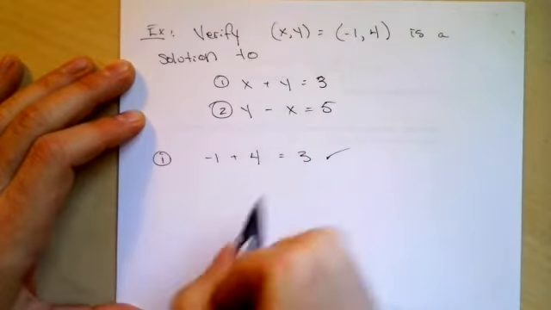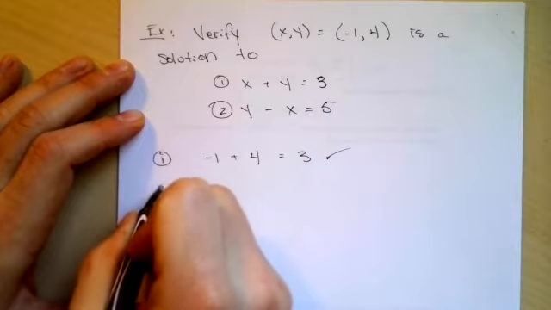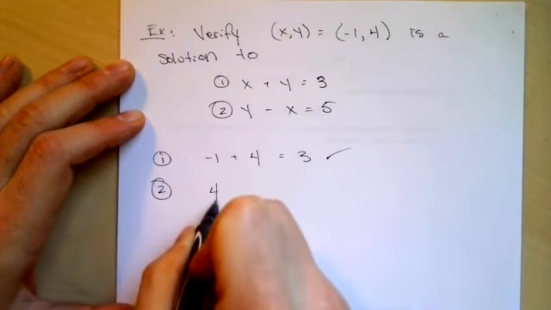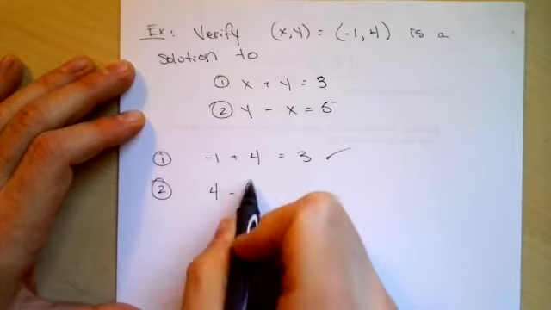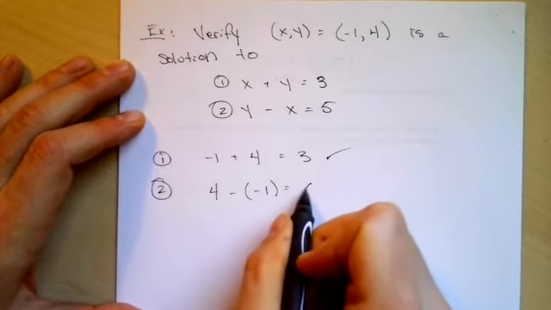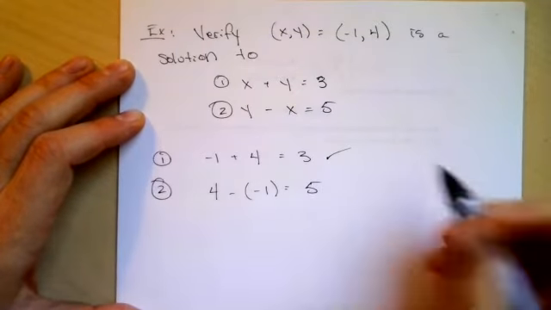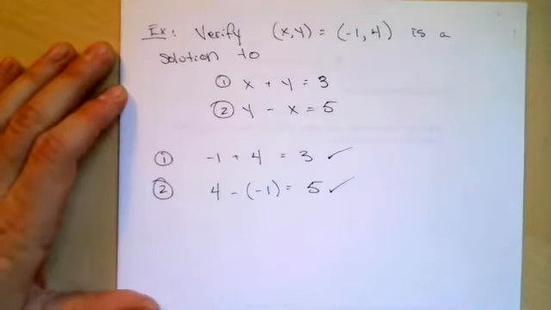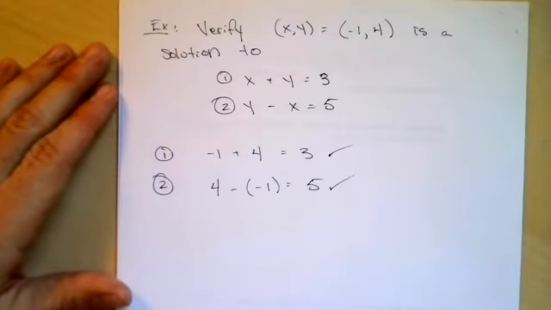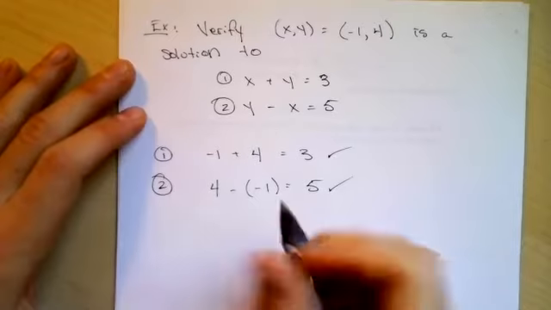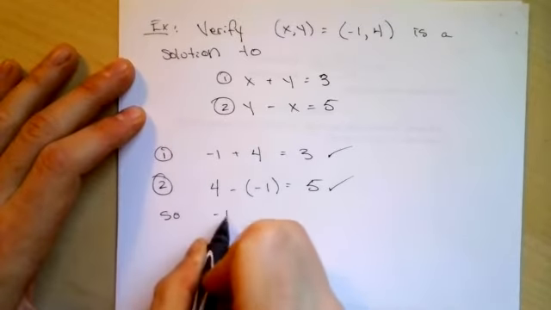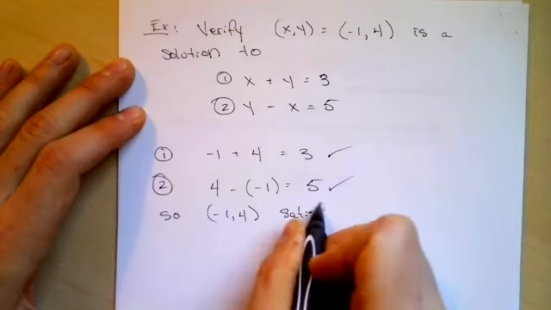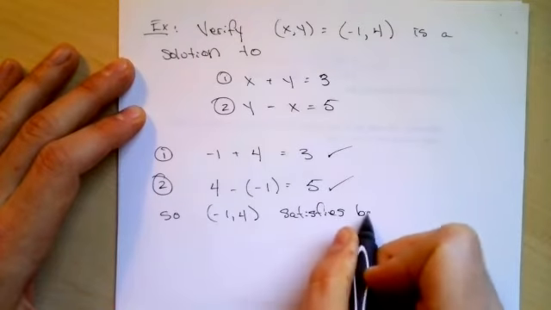So this point is on the line defined by equation 1. We check equation 2 with the same point. And of course, again, we get a valid statement. So (-1, 4) satisfies both equations.